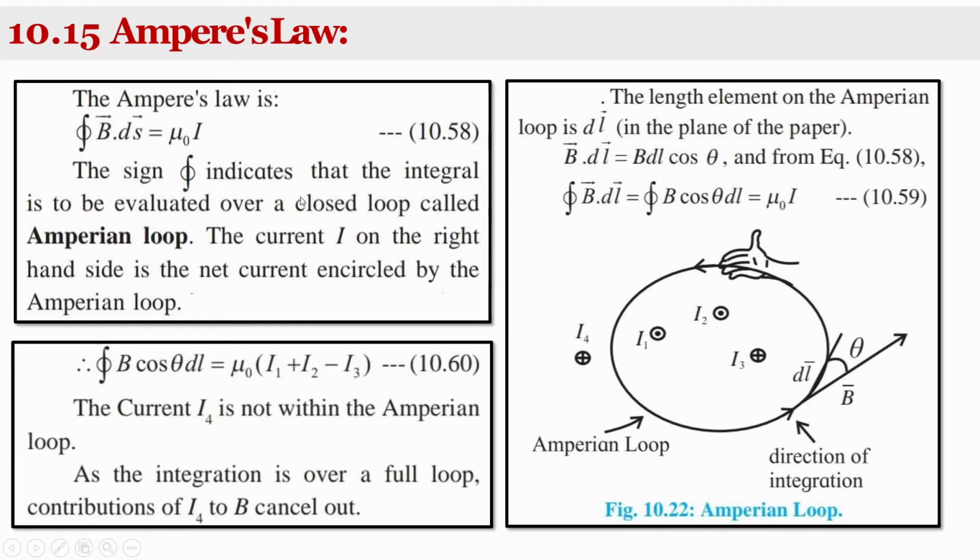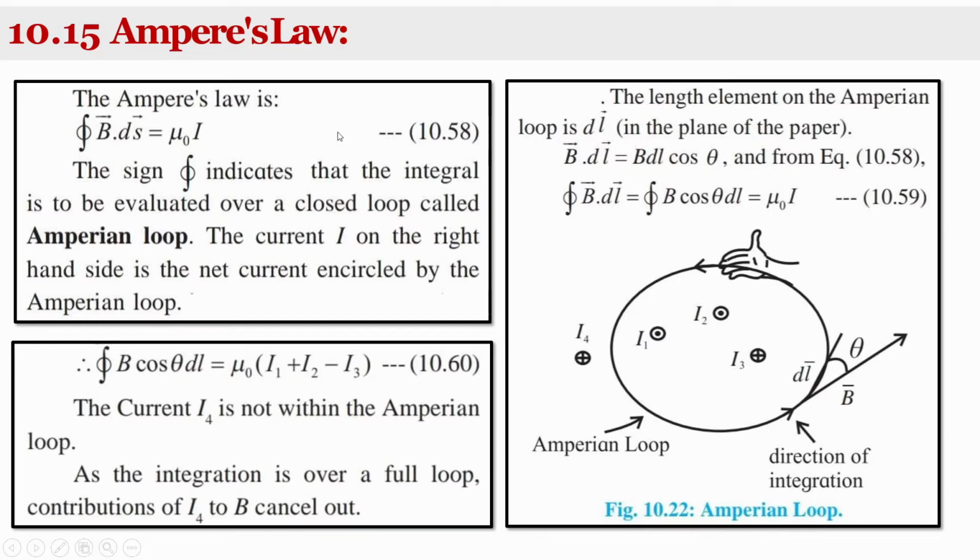That means when we consider a closed loop and a current I is flowing through it, then according to Ampere's circuital law, the line integral of B dot ds or B dot dl over a closed path or closed loop is equal to the permeability, mu naught, times the current flowing through the loop.